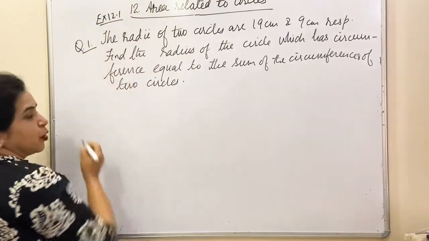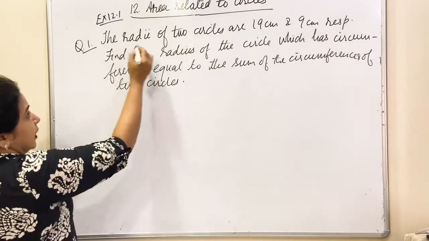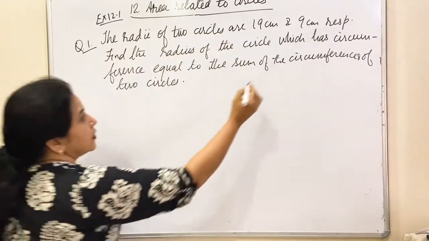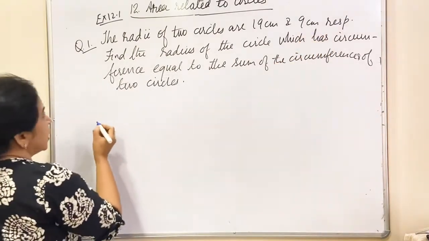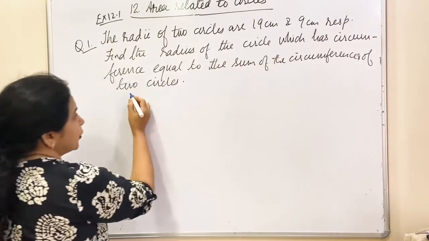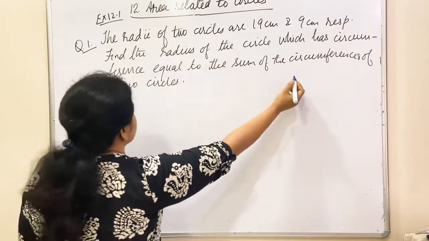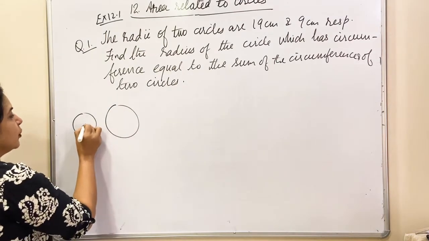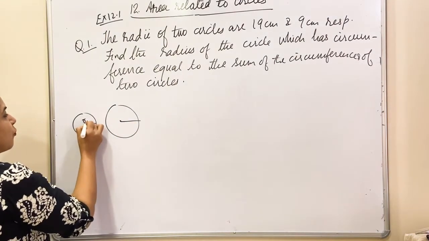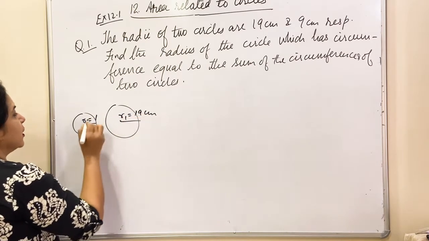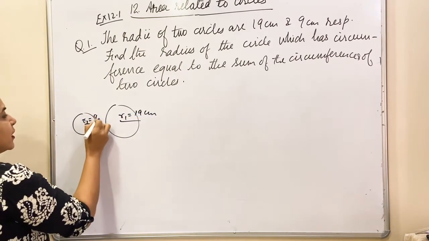Okay. So exercise 12.1, first problem. The radii of two circles are 19 centimeter and 9 centimeter respectively. Find the radius of circle which has circumference equal to the sum of circumference of two circles. So two circles are given to you and the radius of first circle is 19 centimeter and the radius of second circle is 9 centimeter.